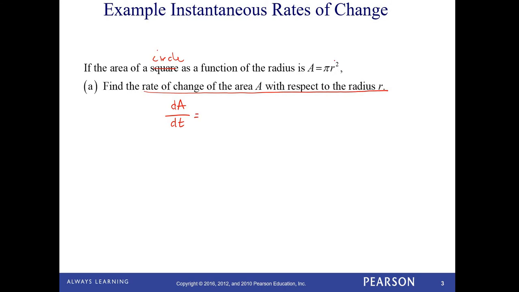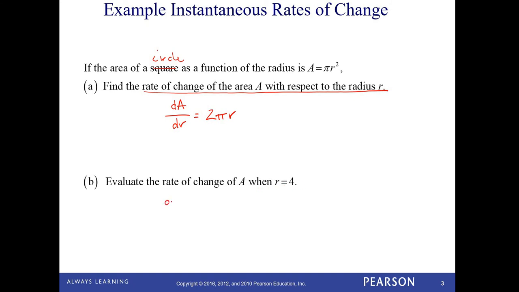And that's going to be using our power rule. The 2 comes down, 2 pi r. So the rate of change of the area, oh, I don't know why I put a t there. Hope you guys caught me. With respect to the radius, dA dr equals 2 pi r. So there's my formula. Evaluate that rate of change of A when r equals 4.